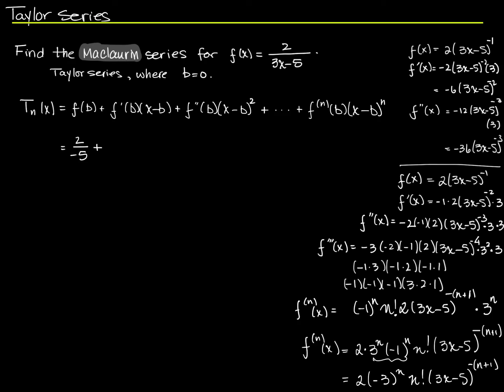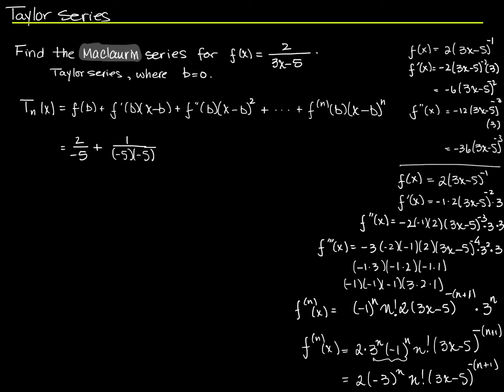The next term starts with the first derivative evaluated at b. Well, I have my first derivative here now, and if I evaluate it at b, I get b equals 0. I get a 0 here, so negative 5 to the negative 2. Well, negative 5 squared is 25. I think I'll just write that as negative 5 times negative 5, but it's to the power of negative 2, which means it's 1 over negative 5 times negative 5.